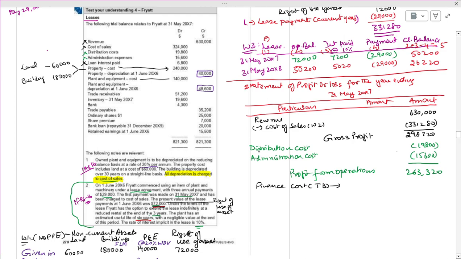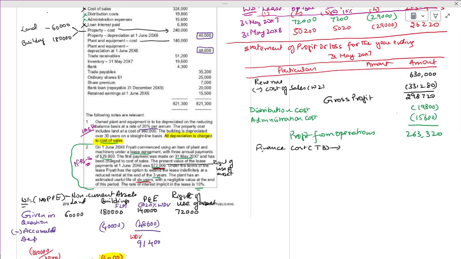How much? 6,800. Next, lease interest, working 3. How much did we pay in the current year? 7,200. Total comes to how much? 14,000.